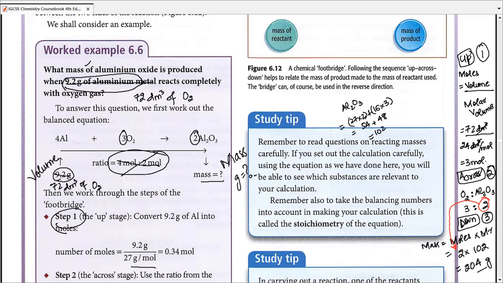Good. If you need to work with the ratios and with the formulas in a single question, then that means you have been through these kind of questions. Yes, sir. All right, great.